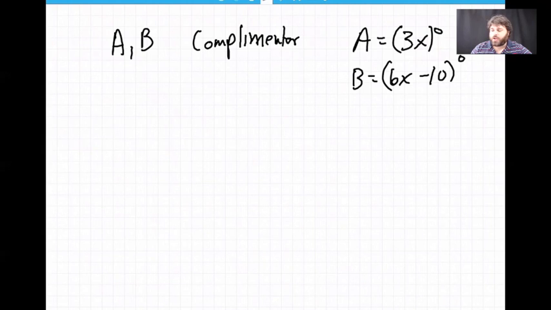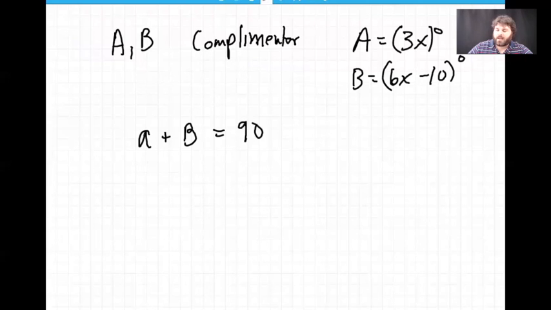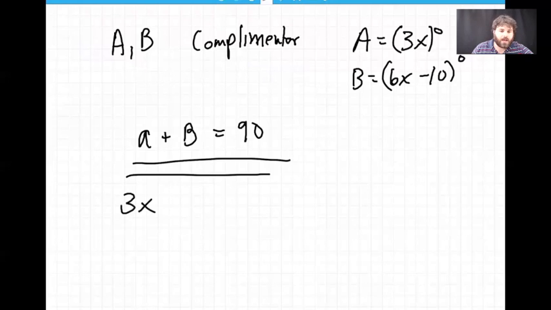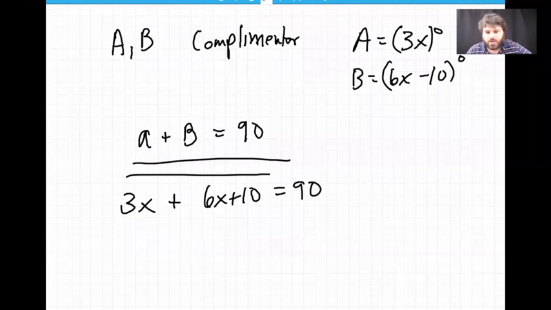What you want to do is write a formula. We know that angle A plus angle B equals 90 if I add them together. That's the formula, and that's really the only hard part. Then you just plug in what you know. Angle A is 3x, angle B is 6x minus 10, and we know that equals 90 degrees. So all you have to do is solve that equation. It'll tell you what x is.